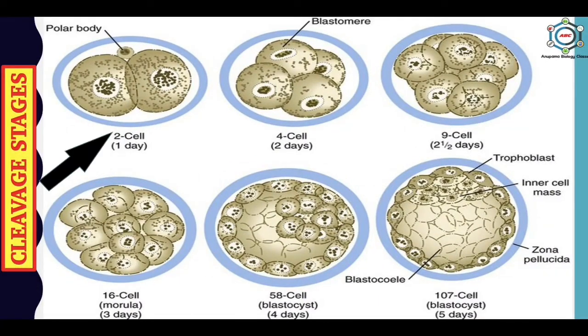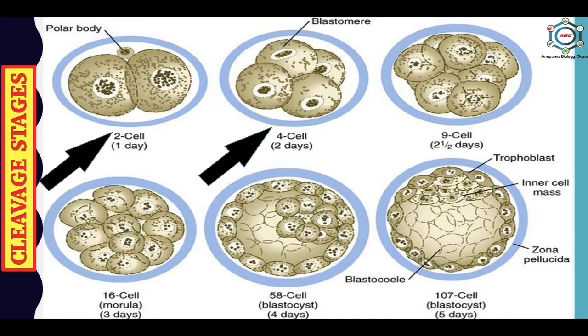Now you can see here the stages of cleavage. In the first, cleavage takes place about 30 hours after fertilization and forms two blastomeres, of which one is slightly larger than the other, and they adhere to each other.